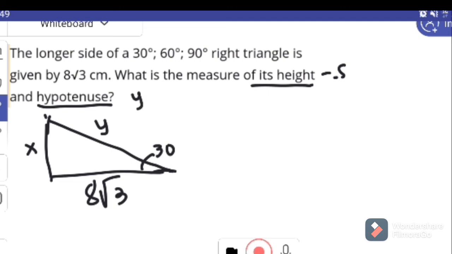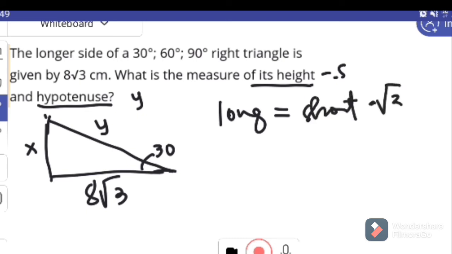Now, what do we know? We know that the long leg is equal to the short leg times the square root of 3. So, let's substitute: 8 square root of 3 is equal to x, which is the short leg, times the square root of 3.